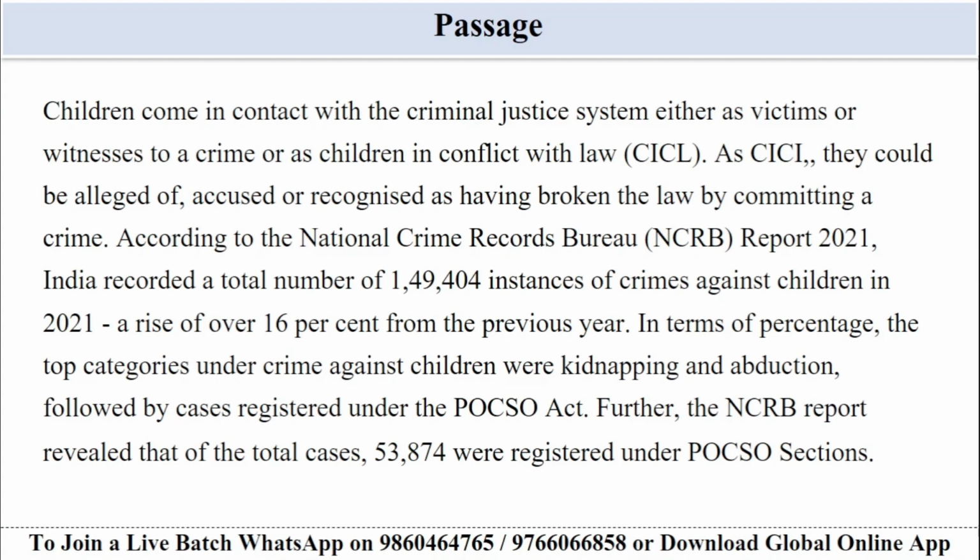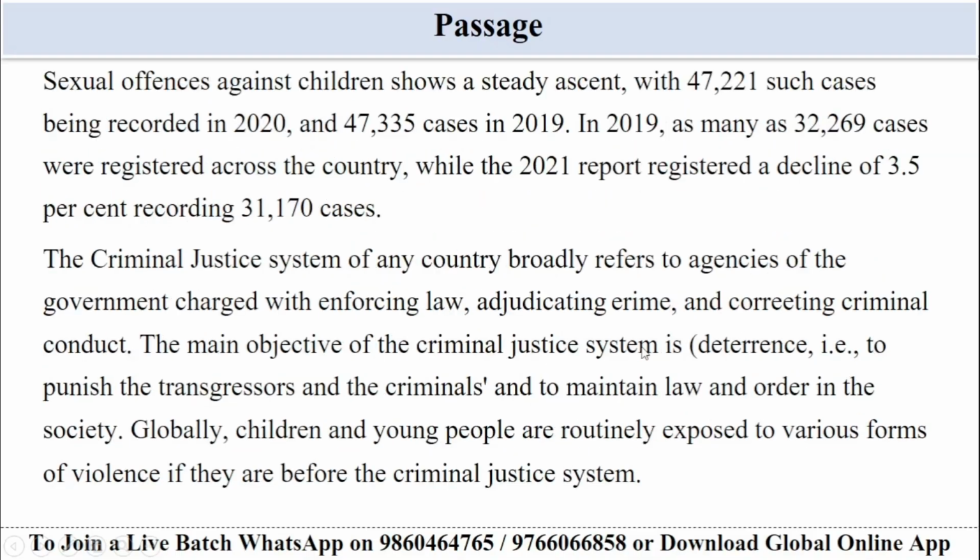In terms of percentage, the top categories under crime against children were kidnapping and abduction, followed by cases registered under the POCSO Act. Further, the NCRB report revealed that of the total cases, 53,874 were registered under the POCSO section. Sexual offences against children show a steady ascent with 47,221 such cases being recorded in 2020 and 47,335 cases in 2019.